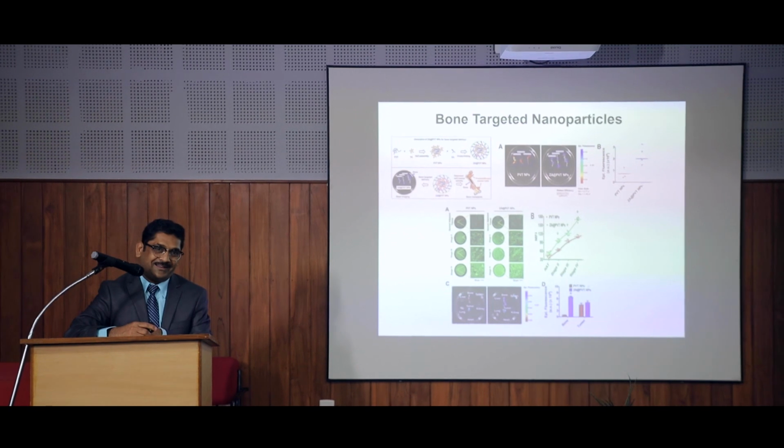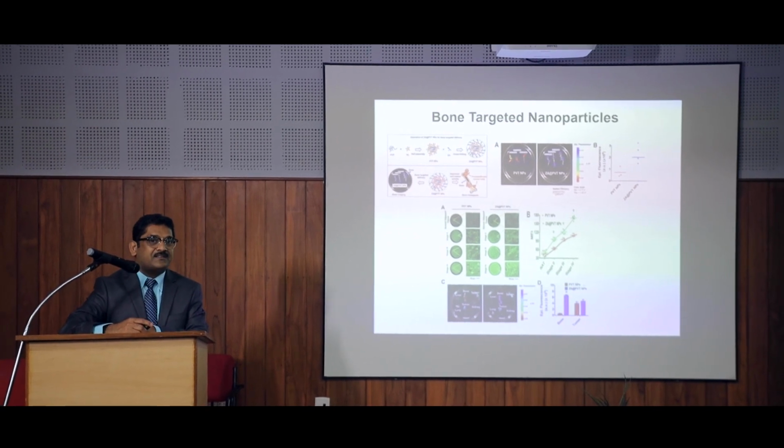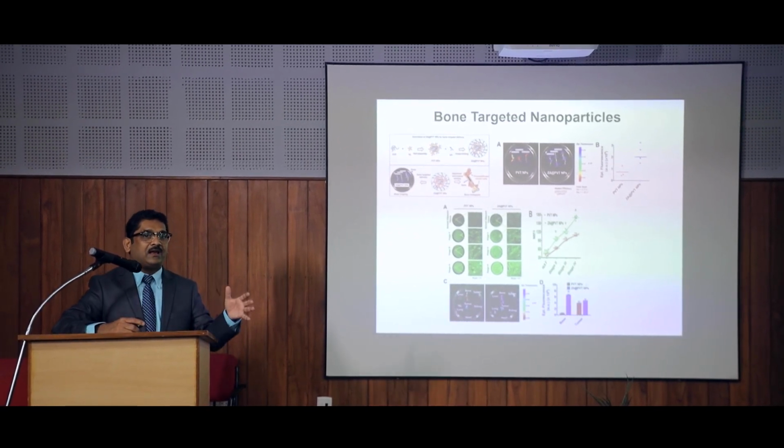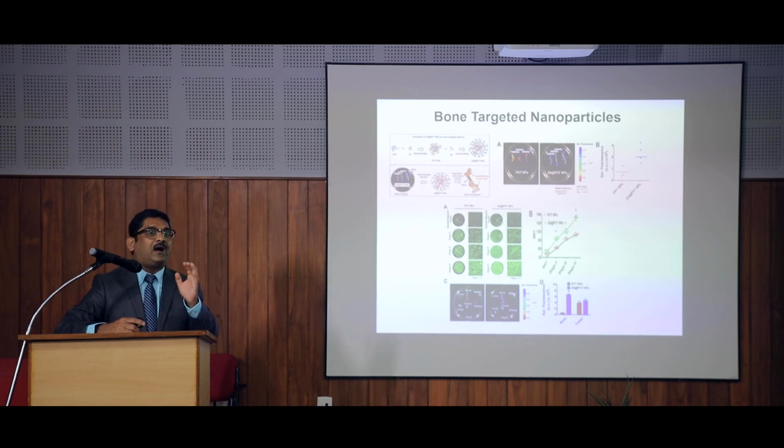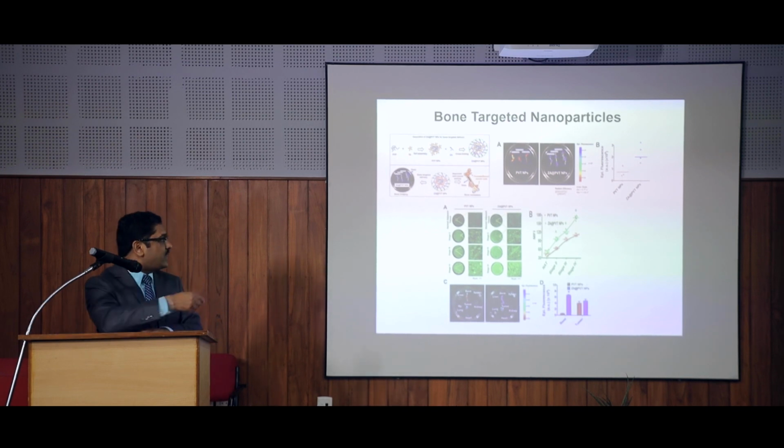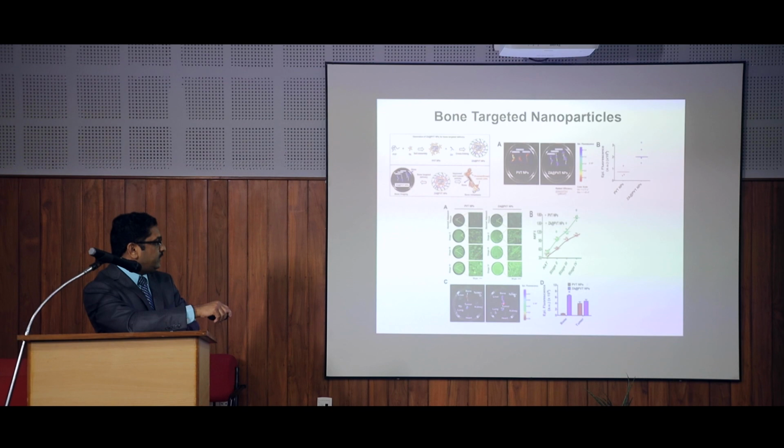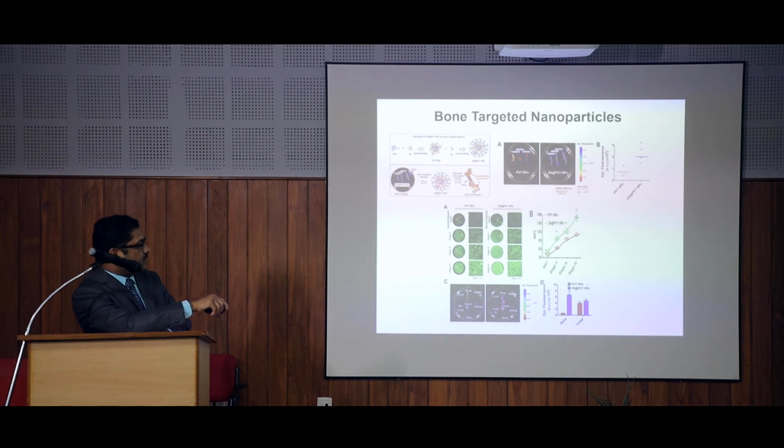Zoledronic acid is an FDA approved bone targeting agent. It's simple: you need to have some idea where you want to deliver and how you want to deliver. We show that when you have this bone targeting agent, you see a lot more bone binding along with the tumor delivery, compared to here where you have very little bone targeting.